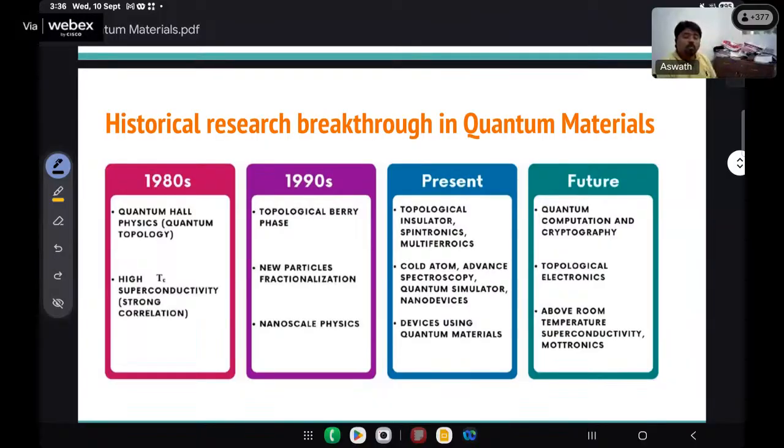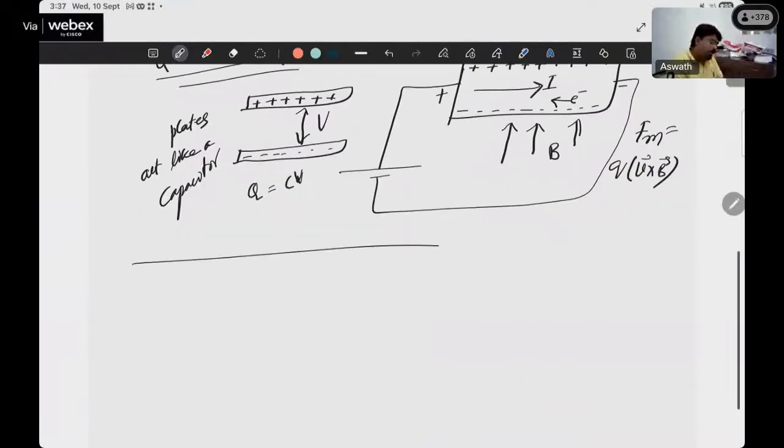Quantum topology: topology is a mathematical concept. It only worries about the shape or the property of the material, and this property is not going to change even when you deform it. Let me explain what topology is.